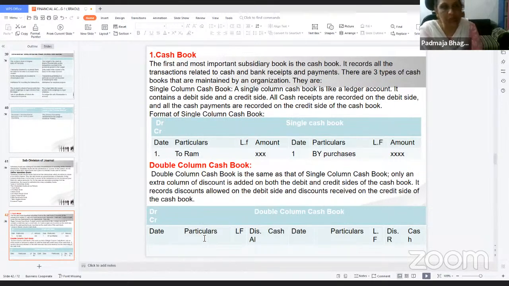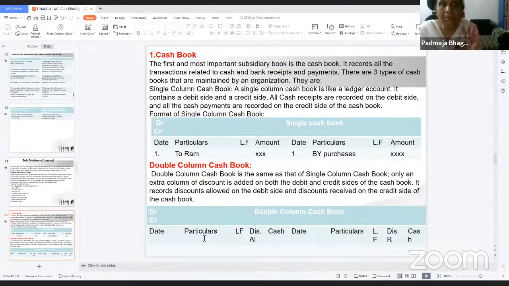In the cash book we have four types: single column, double column, triple column, and petty cash. First we are going to see the single column cash book.